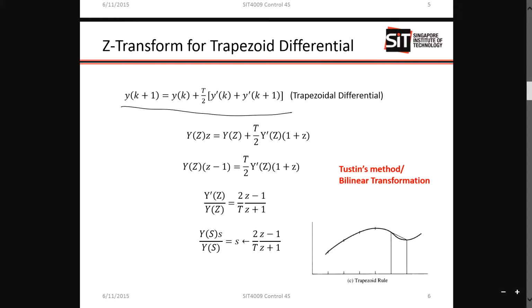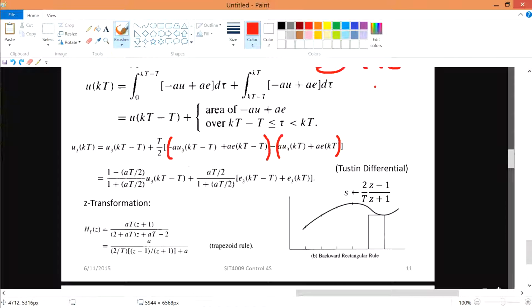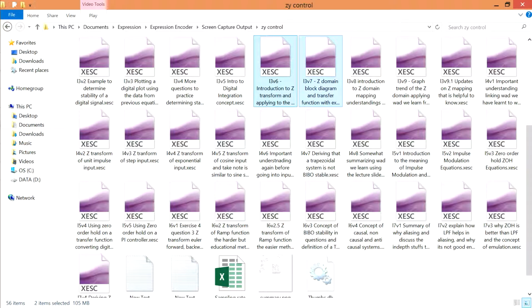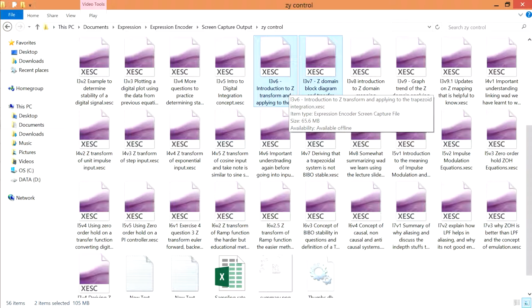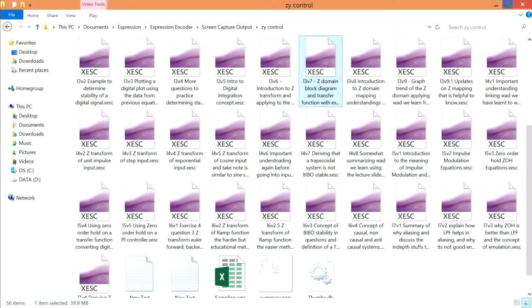This point is your K plus 1, this is your K. When you take K and K plus 1 divided by 2, you're taking the average between K and K plus 1. You're going to formulate the new point based on the average of these 2 points. This all goes back to the ancient times where we derived the trapezoidal stuff. If you don't know anything about trapezoidal, you can watch L8v2 and L8v7. I think they give you a fairly good understanding of the trapezoidal integration part.